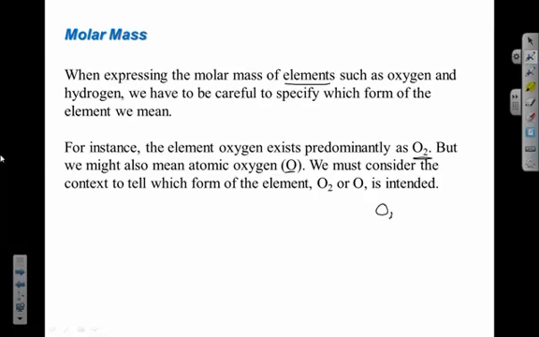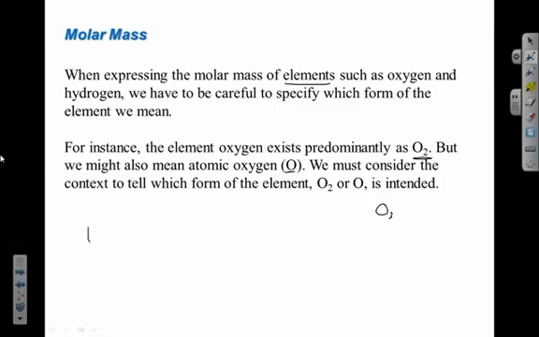So we know that's another way that atoms can share electrons to make their noble gas configurations complete. So if you just say, I have a mole of oxygen, what does that really mean? How many atoms are in a mole of oxygen? Well, it depends on whether I have a mole of oxygen atoms, or whether I have a mole of oxygen molecules, or whether I have a mole of ozone molecules.